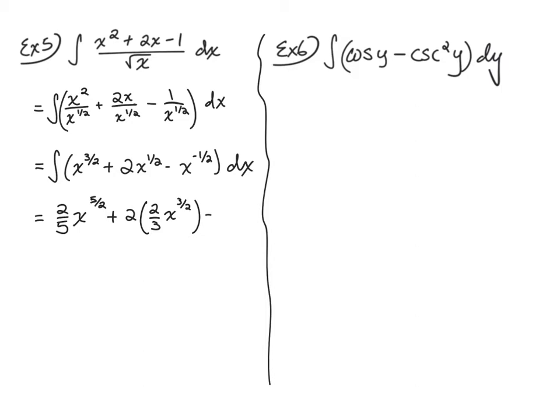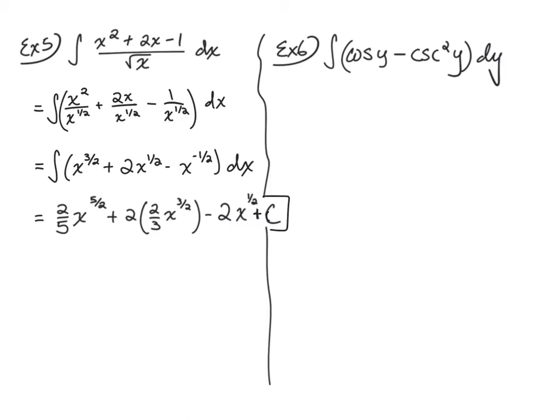Minus, let's see, add 1 to the exponent, so it'd be x to the 1/2. Multiply by the reciprocal of that exponent. It would be, oh yeah, I guess the reciprocal would be 2 here, huh? Plus c. Sorry, number 6, we're running into your territory. Let me see. There we go. Plus c.